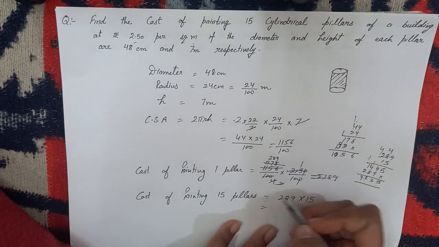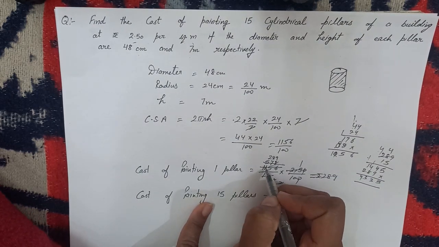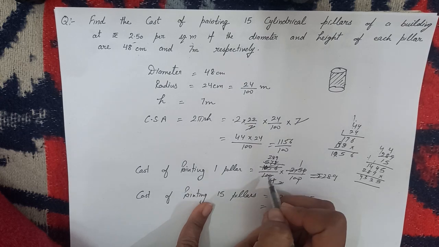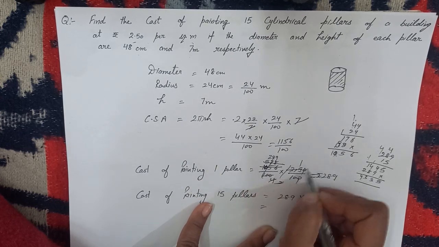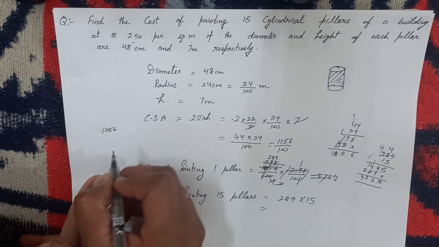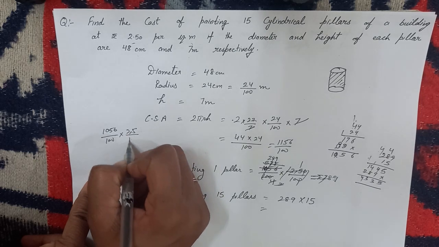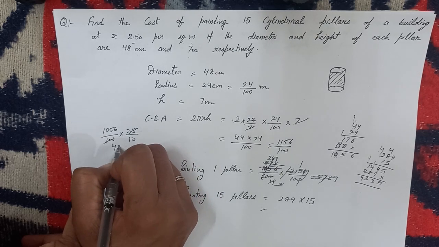I have done a few calculations wrong there. This is 1056, so I will do it again there. 1056 by 100 into 2.5. The 2.5 means the point is removed and it will be cut on this.